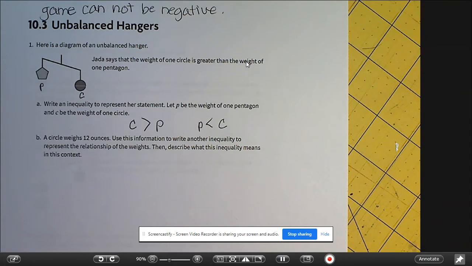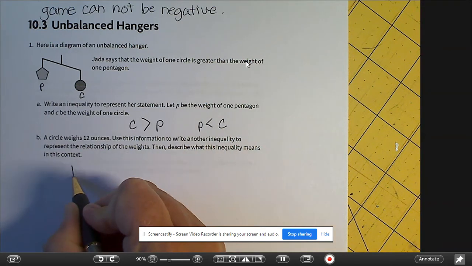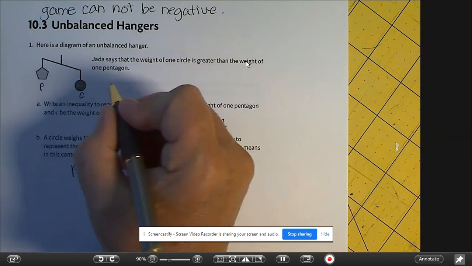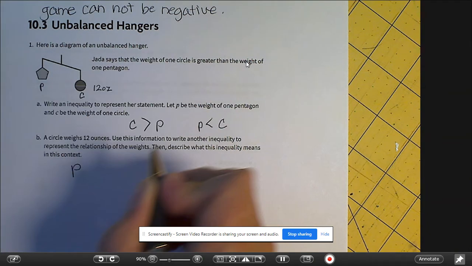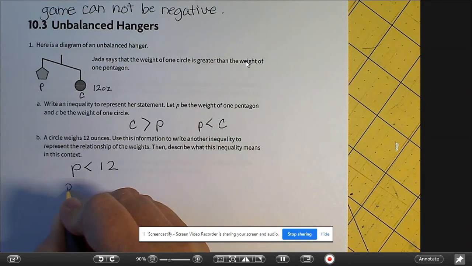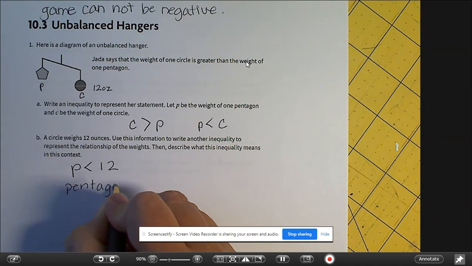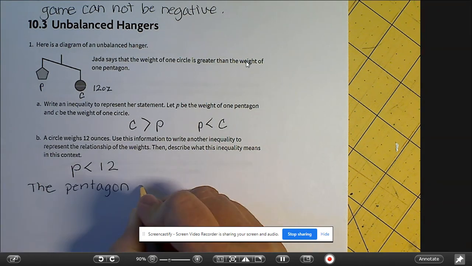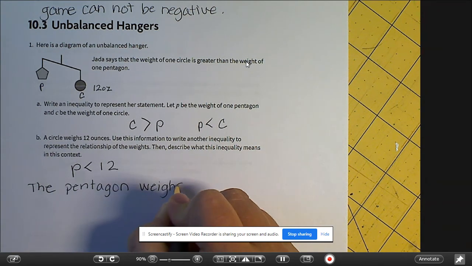Okay, so we know that if this is 12 ounces, we can say that P is less than 12. And that means that the pentagon weighs less than 12 ounces.